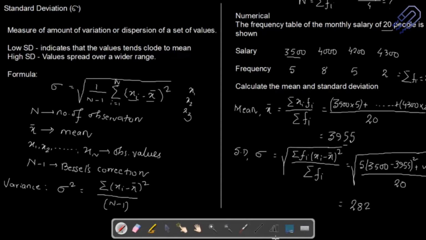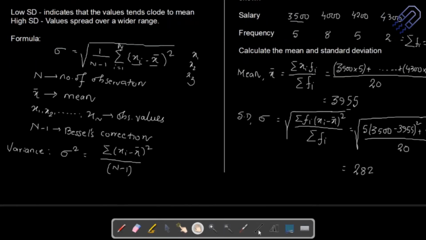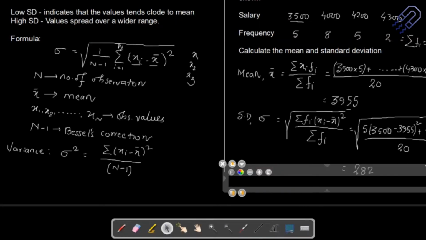Okay, and maybe just one final note which I can provide. Sometimes if there is a range of value, and I think this is something which you have already done. Note, if it's a range, here they have provided the salary to be 3500, but then there might be a range of, let's say, 3000 to 3500.